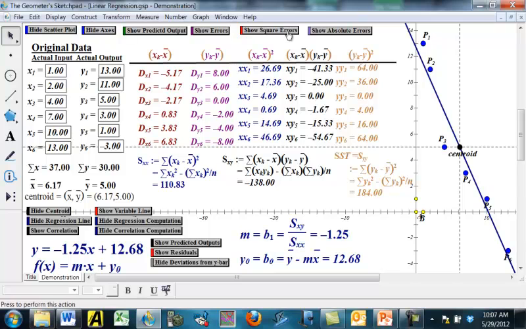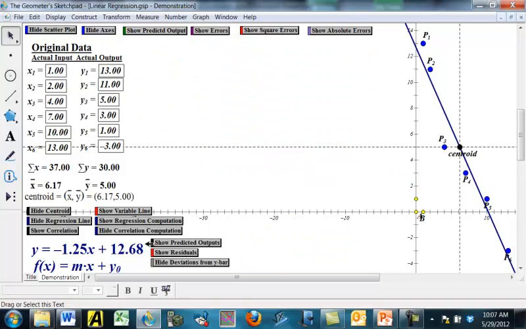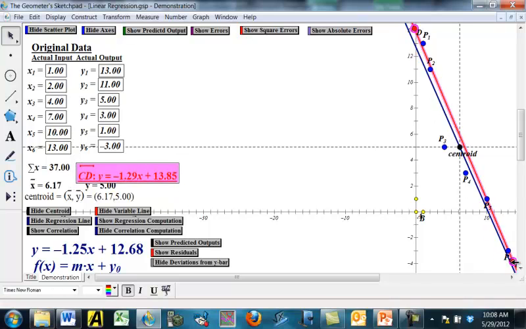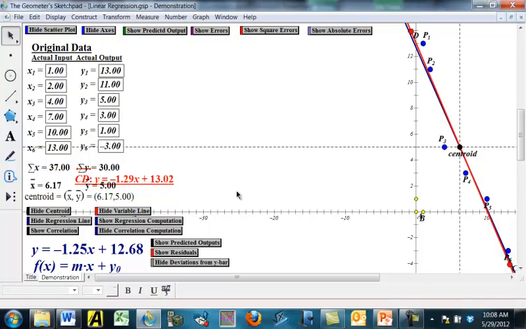Okay, so let me hide a couple of things here. Let's hide that computation, but keep the line there. Let's go back to show our variable line, and if I can get that line to match the line here, it's going to be difficult to get it to match perfectly, but maybe I can get it to match at least approximately.